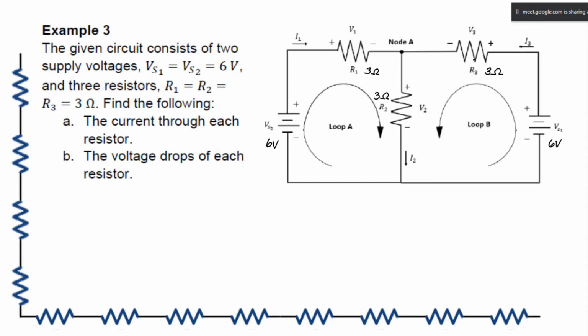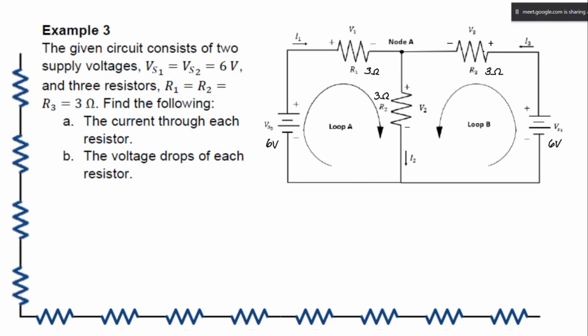So, for letter A, ang hahanapan po natin ng value kay the current. For letter B, the voltage. So, ano po yung gagamitin natin? Now, tandaan, if we are given with 2 or more na mga voltage sources, then we will be using KCL na po at saka KVL. Okay lang din po if you will be using yung previous natin na discussion kanina, but then the analysis as well as the calculation might be complex.